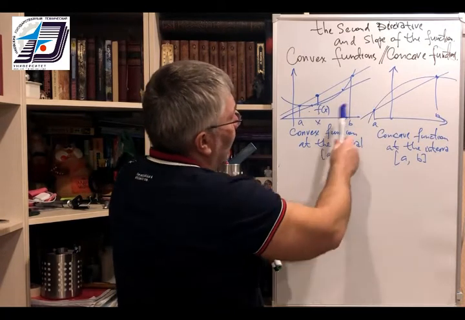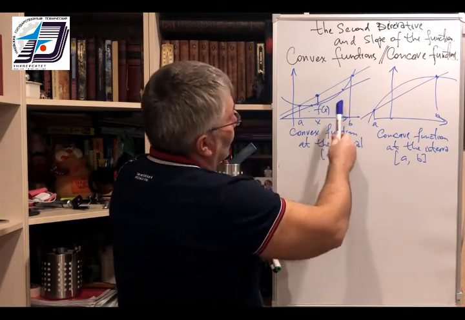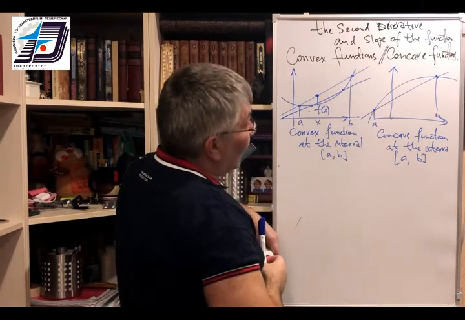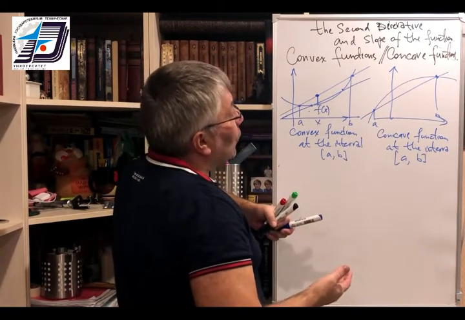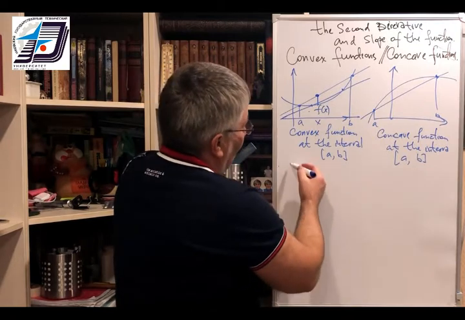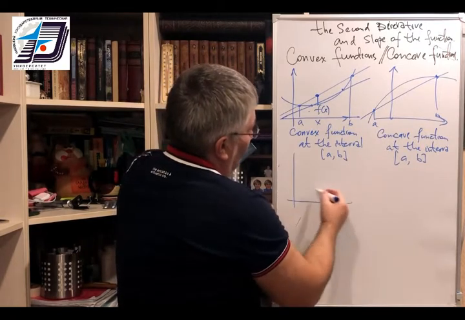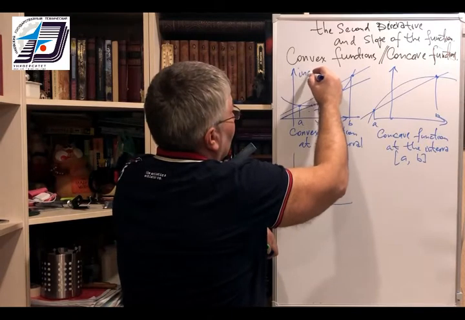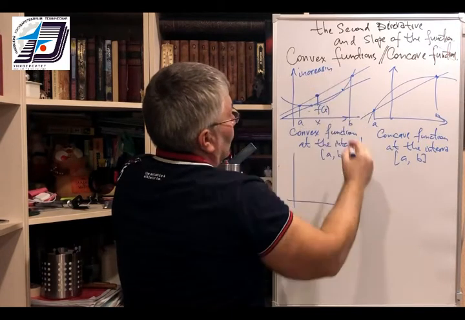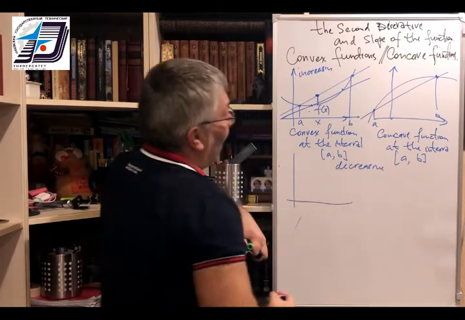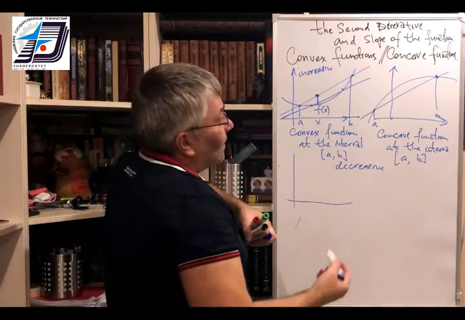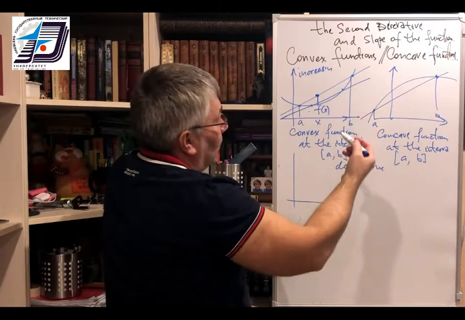I drew both of them as increasing functions, but it's clear that they can be decreasing. For example, a decreasing function can be concave or convex just like an increasing function.